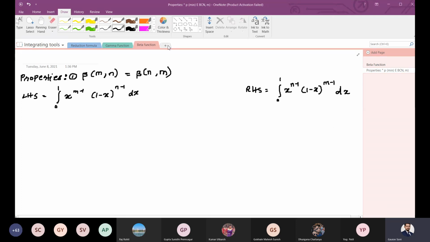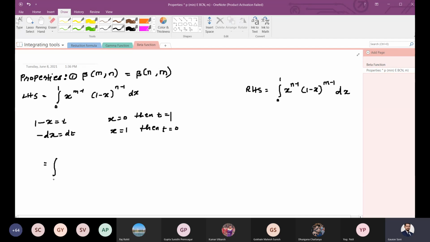So what possible change can we make here? I can put 1 minus x equal to t in this expression. So minus dx will become dt. If x is equal to 0, then t is equal to 1, and if x is equal to 1, then t is equal to 0. Let's substitute this in the expression.